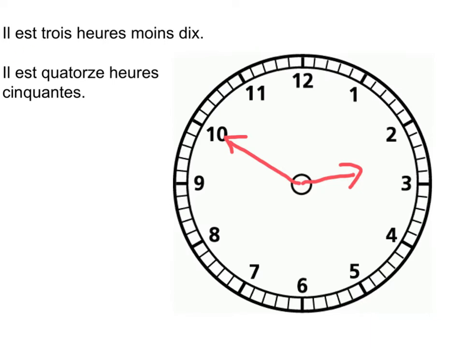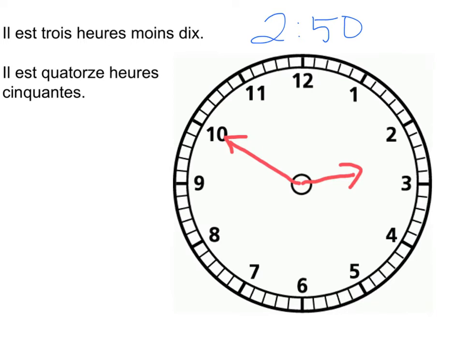It is 3 o'clock minus 10. Well, if it's 3 o'clock minus 10 minutes, that would be 2:50. And you can see that on our clock here. Okay, the hour hand is not quite to 3 o'clock, and we have 10 minutes to go until the top of the hour, so it's 2:50.